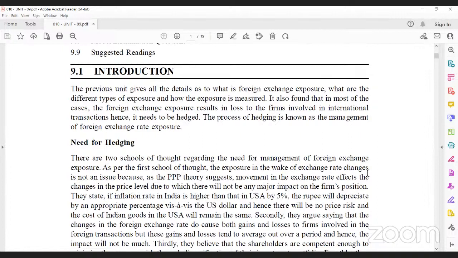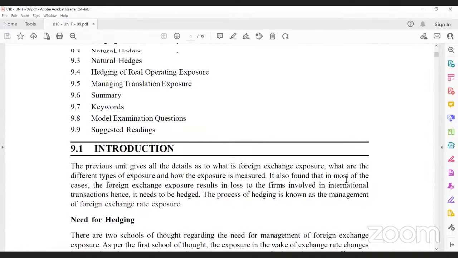Now let's move on to learn and explore the topic of hedging in this unit.